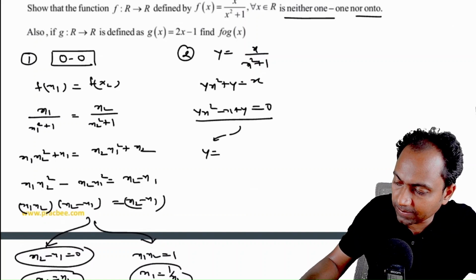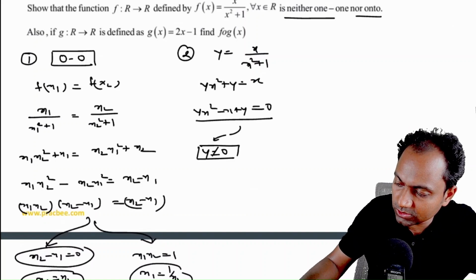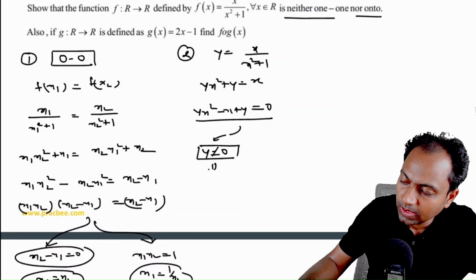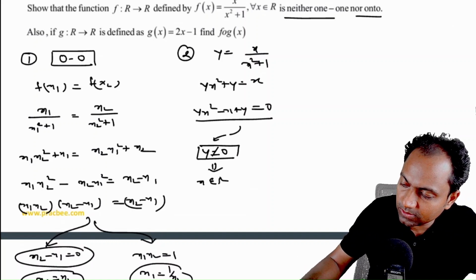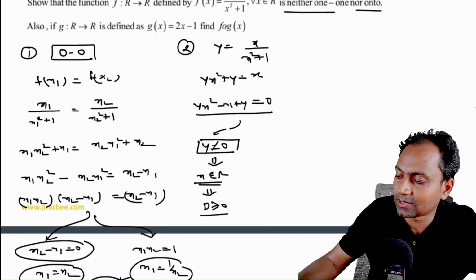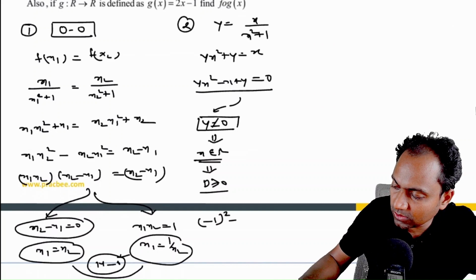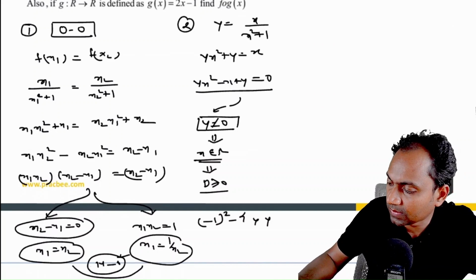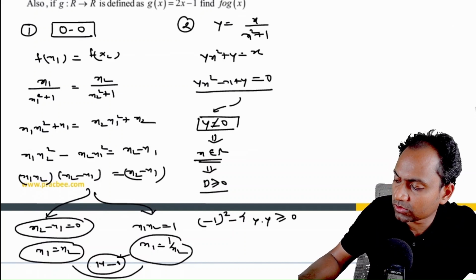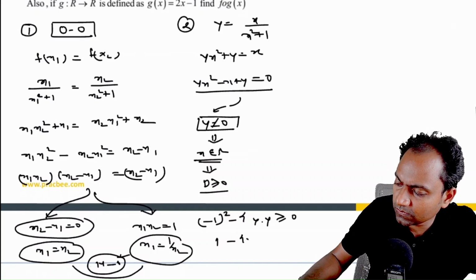The quadratic will happen when the coefficient of x square is not equal to 0. And we are saying that x is real. So this will only happen when the discriminant is greater than or equal to 0. So in this case, it will become (minus 1) whole square minus 4 a c needs to be greater than or equal to 0. So what you can see here is 1 minus 4 y square is greater than or equal to 0.